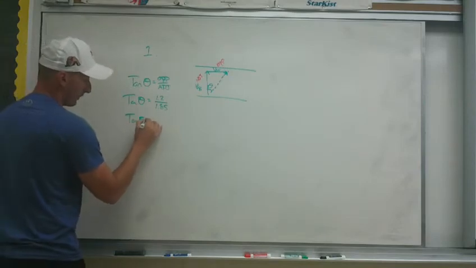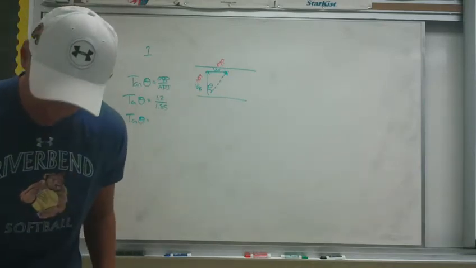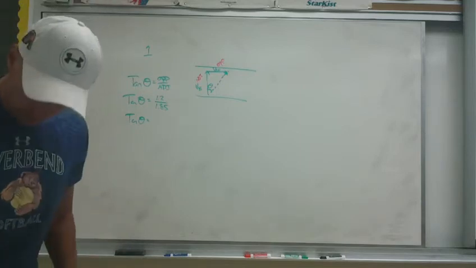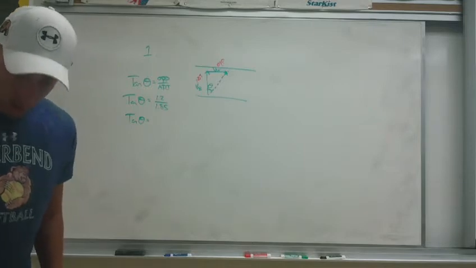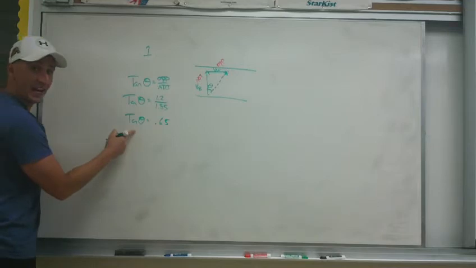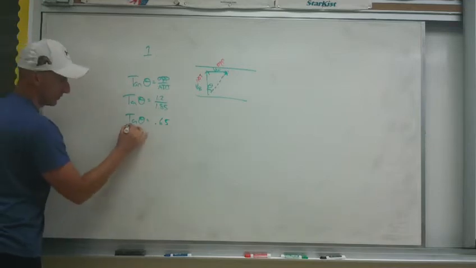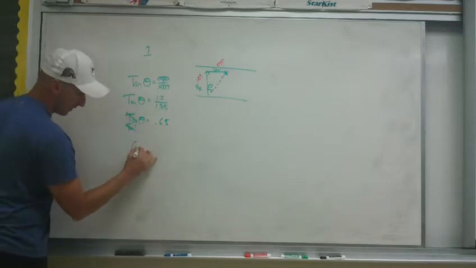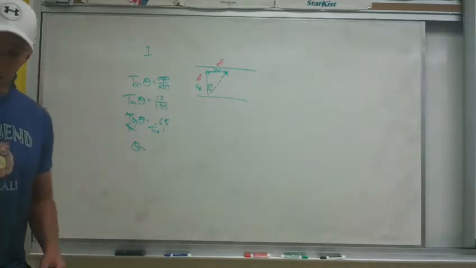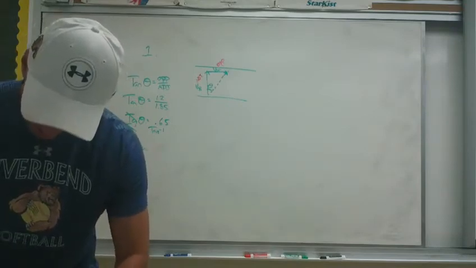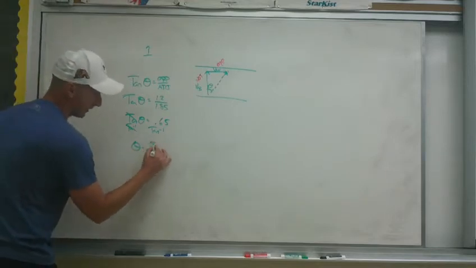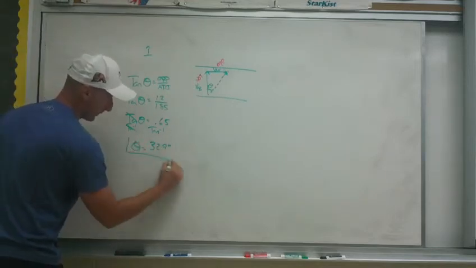Tan theta, I do 1.2 divided by 1.85, and I get 0.65. To undo tangent, remember you have to take the inverse tan, so I do inverse tan on each side. Second tan, second answer, in my calculator, I get 32.9 degrees.